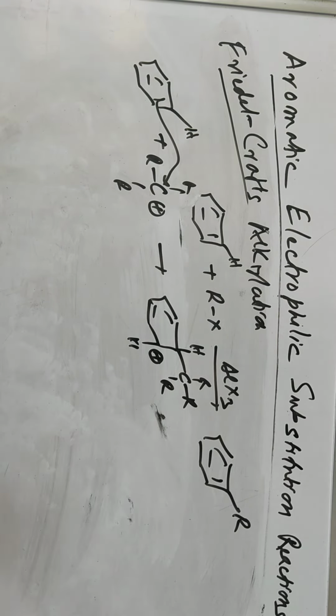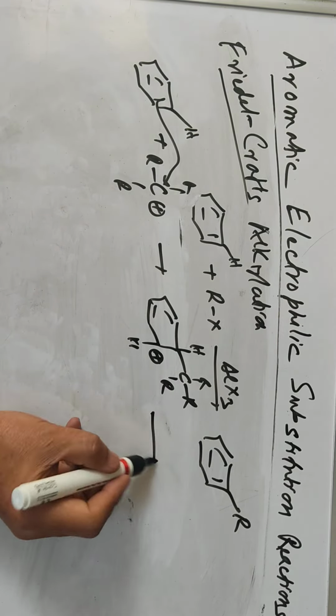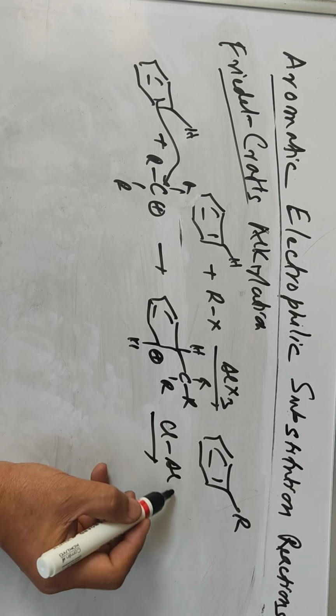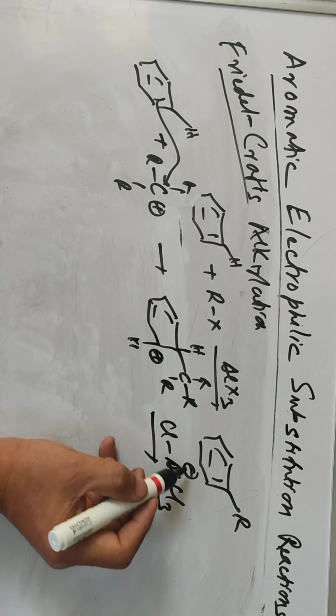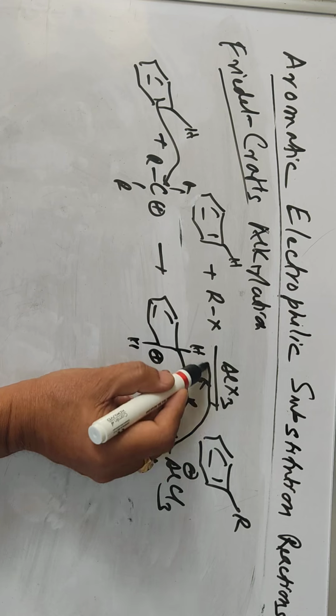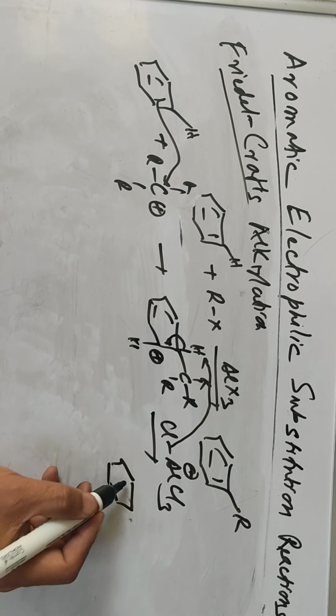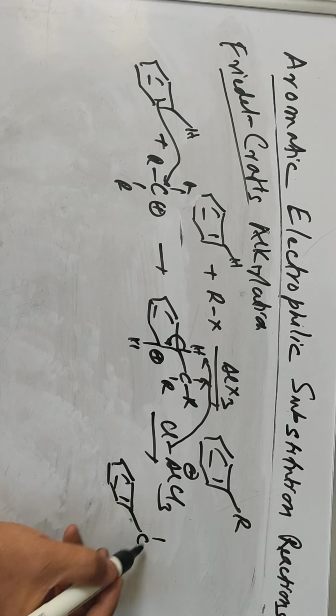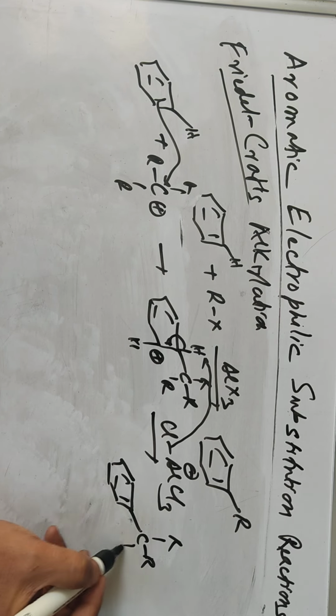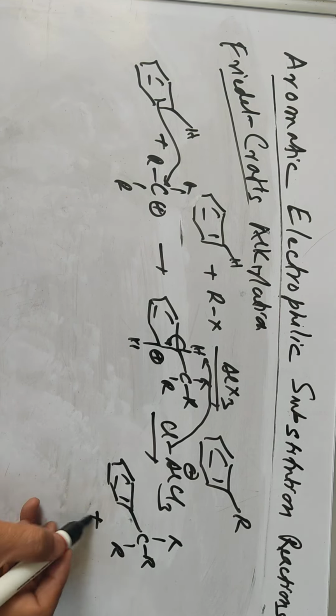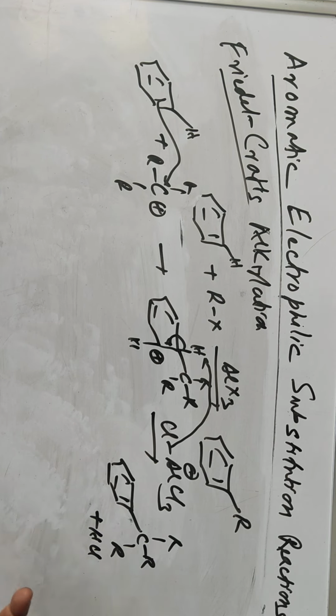AlCl4 negative attacks this proton, and we get the final alkylation product, the alkyl benzene, plus HCl and aluminum chloride. This is the mechanism of the earlier case.